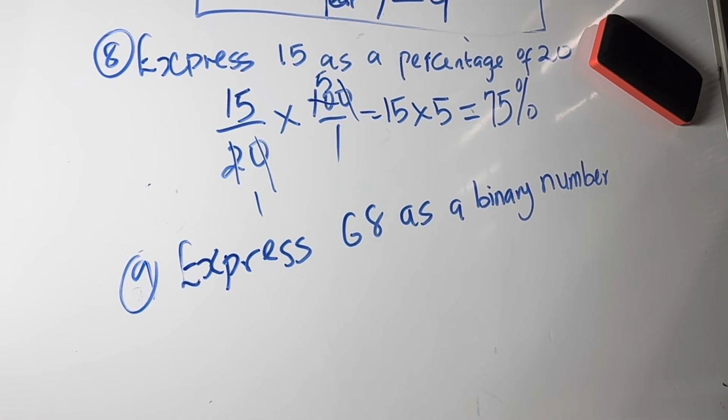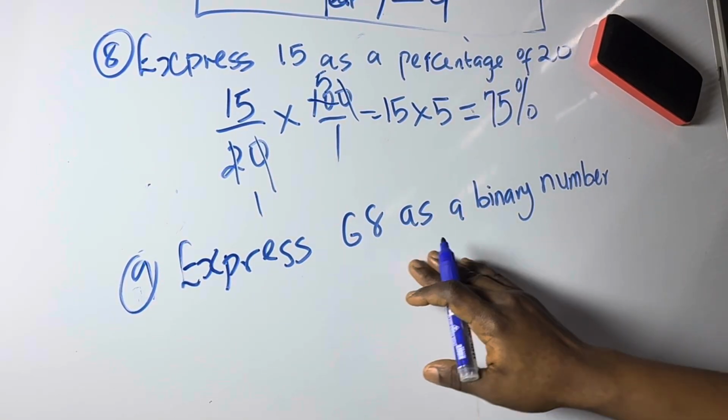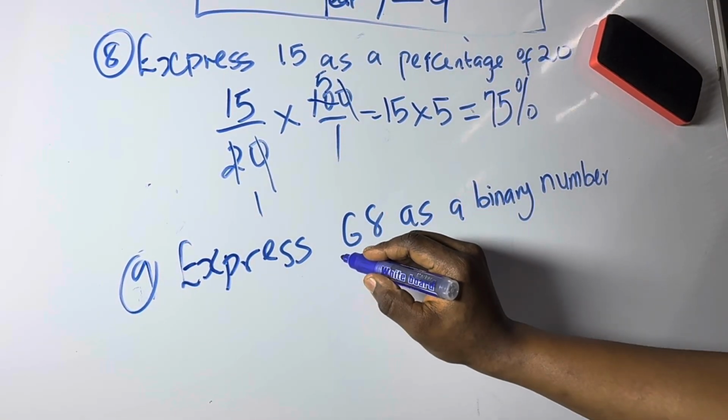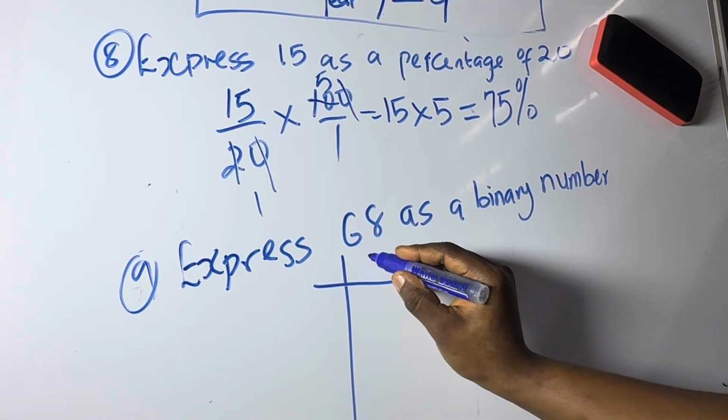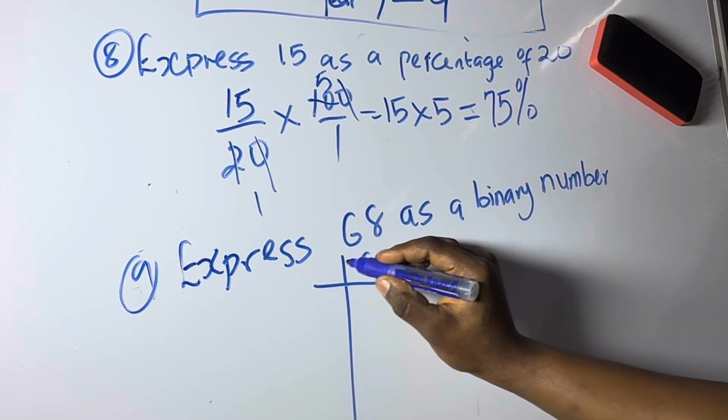What do you understand by binary? Binary means 2. The word bi means 2. Now, to express 68 as a binary number, I'm going to draw my table by dividing 68 by 2.